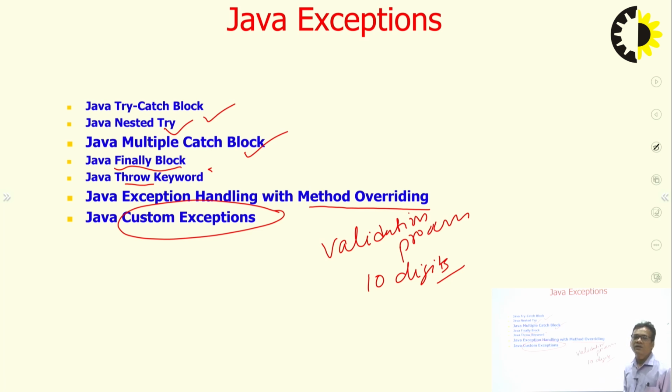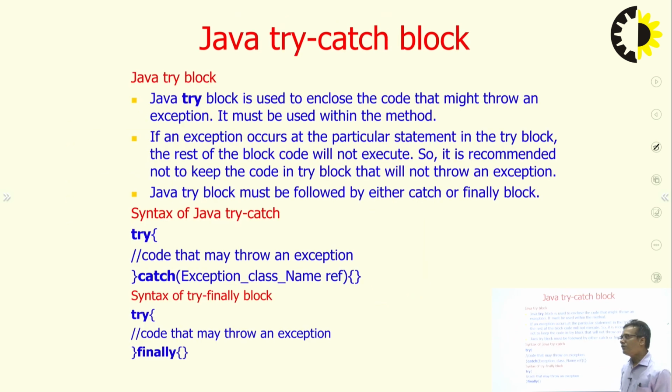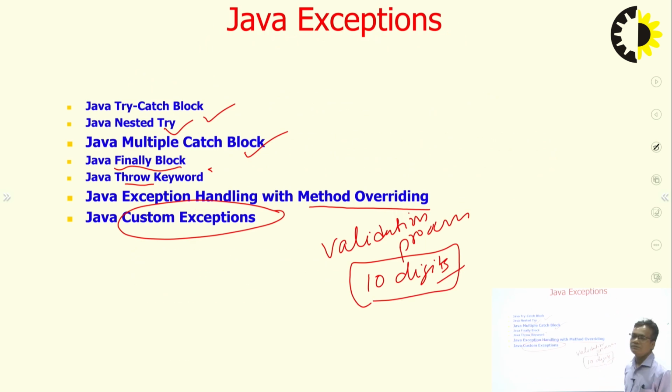So 9 digits or more than 10 digits is not a format of a mobile number. So you can restrict the user by catching the exception with these kinds of conditions, so that wrong information cannot be entered in your database. These kinds of exceptions can also be handled with custom exceptions. Now we discuss these one by one.